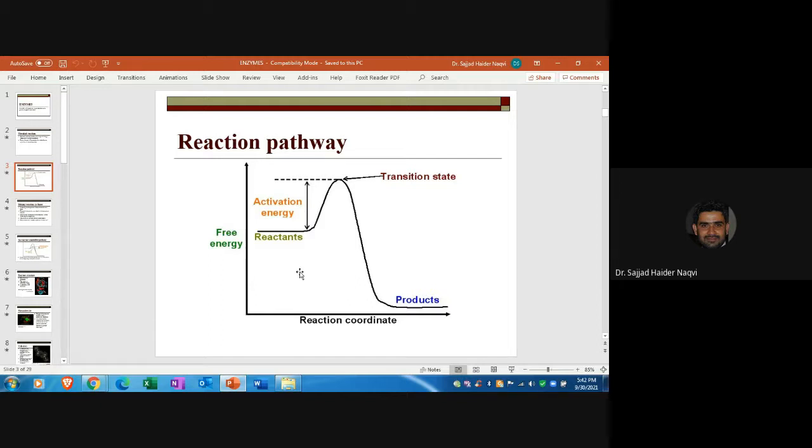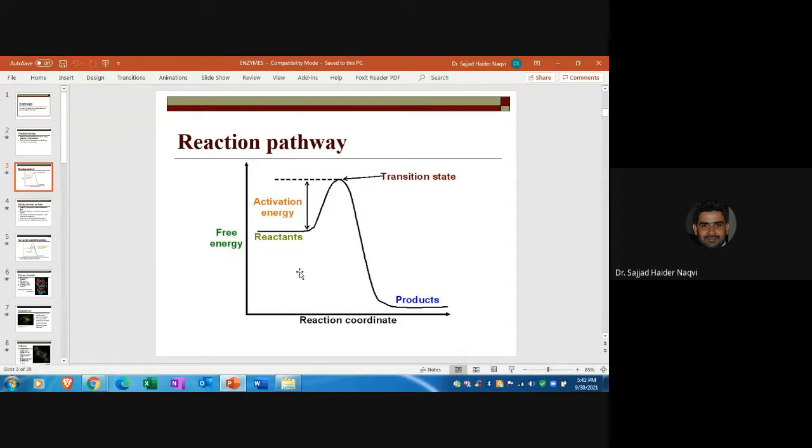That's called the free energy. On top of that, the energy which is needed to bring those reactant molecules up to the transition state is called activation energy. And from the transition state, as it's going down, that means it's spontaneous and it is going to be transformed into a product.